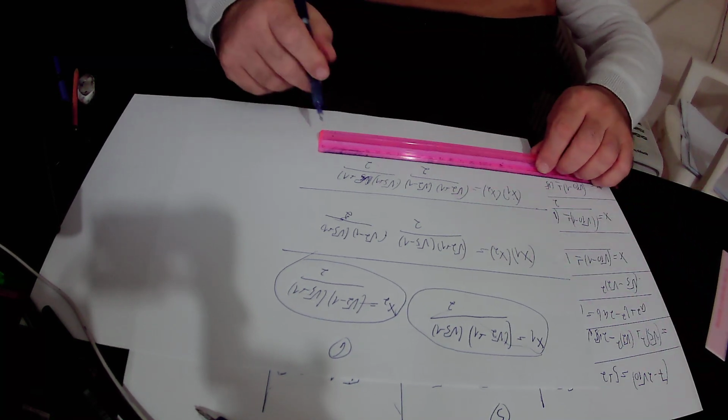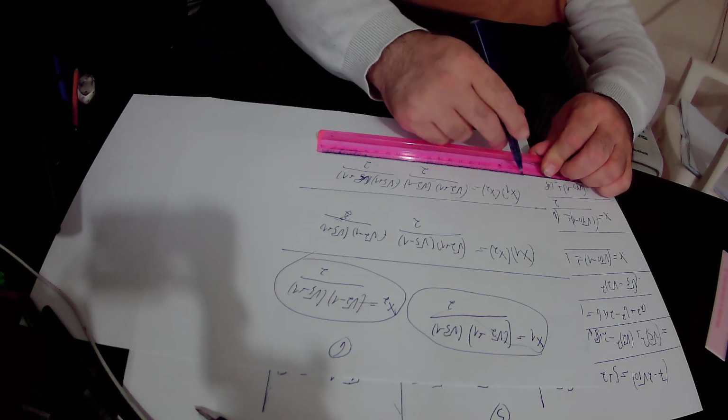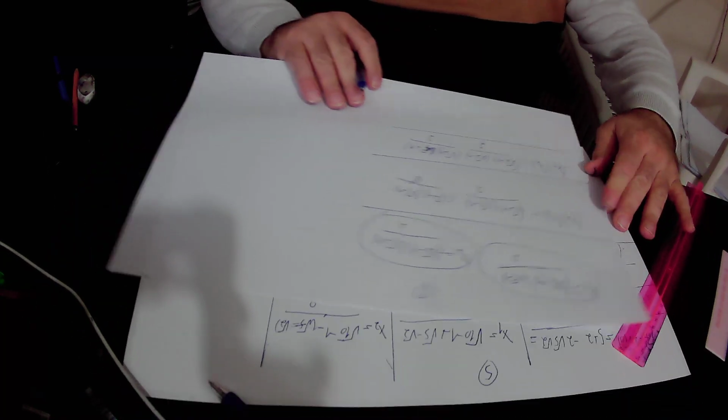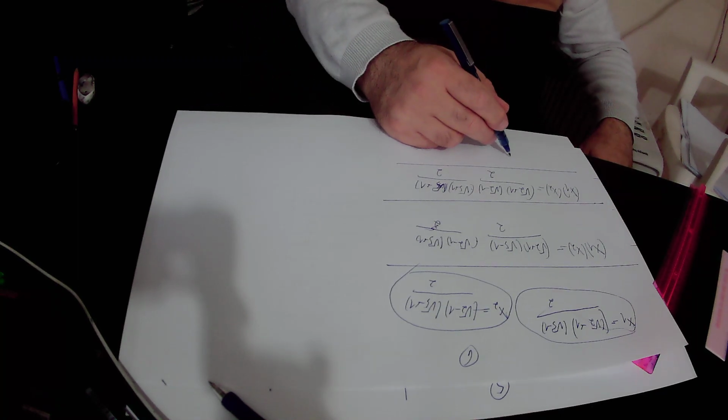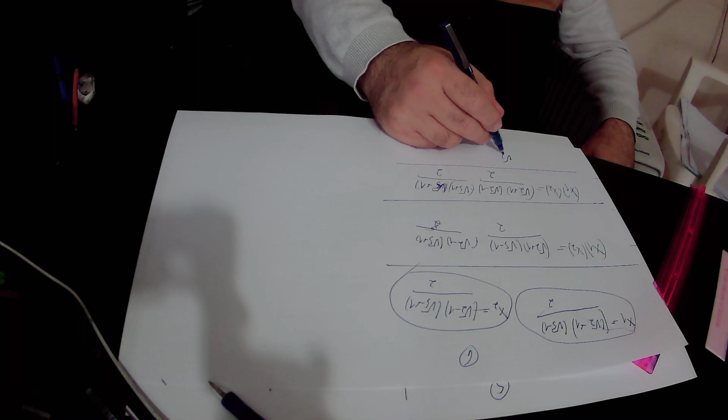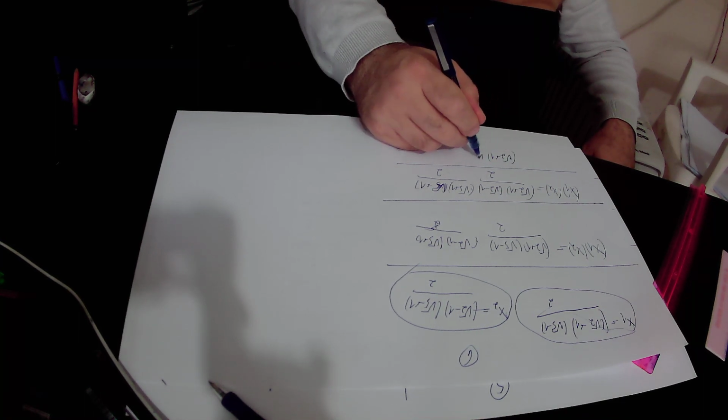We have here the expression square root of 2 plus 1 times square root of 2 minus 1.